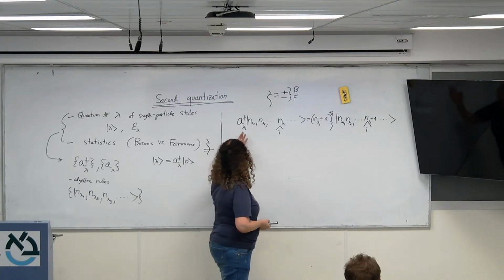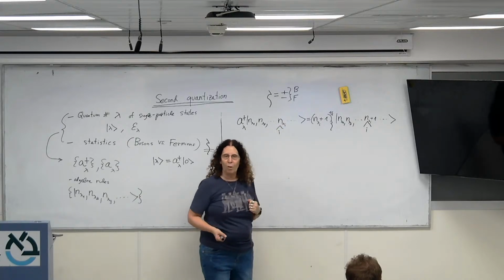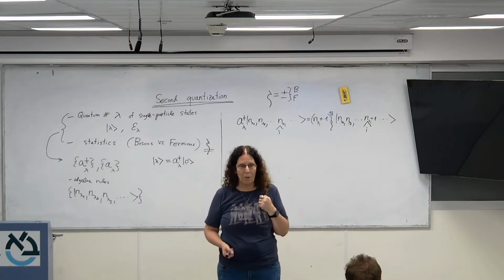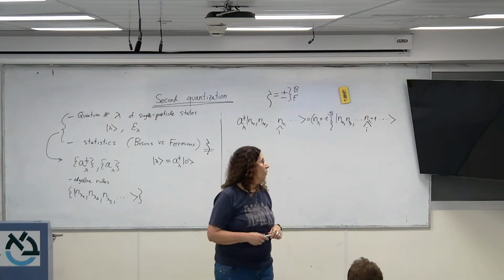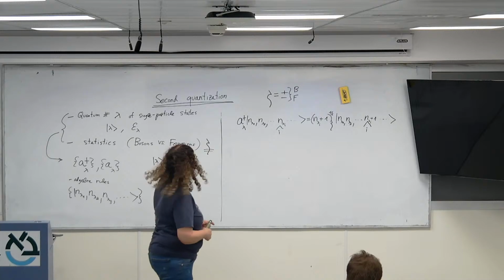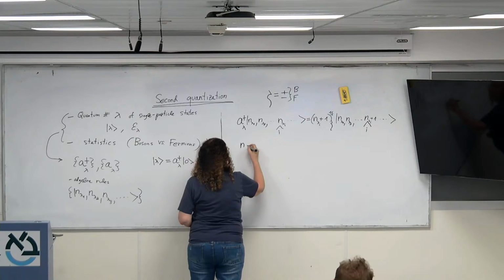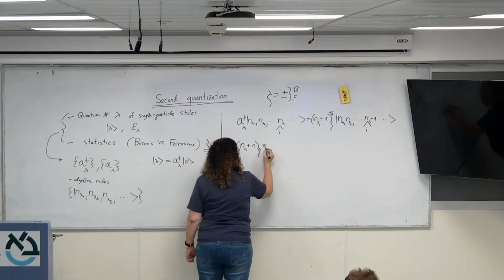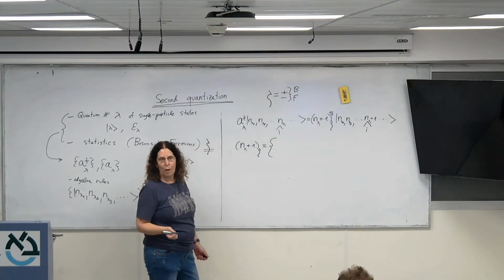Because if the state with λi was already occupied by a fermion, and I try to put another fermion, I have to get 0. So this doesn't work, and therefore I have to define this object differently depending on whether zeta is plus or minus.